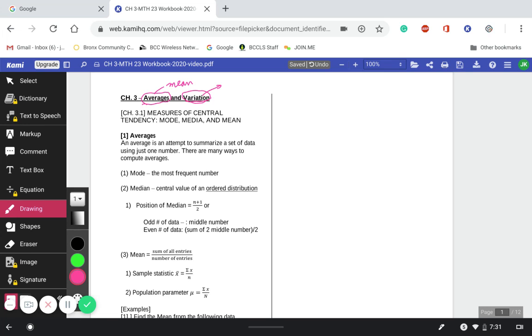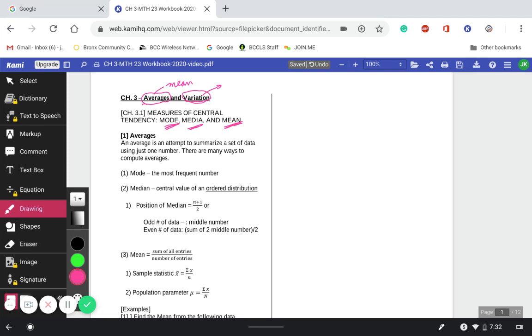There are three different ways of finding a middle value, or central tendency. One we call mode, another we call median, and the other one we call mean. Mode, median, and mean try to show the middle value from the data they gave you.